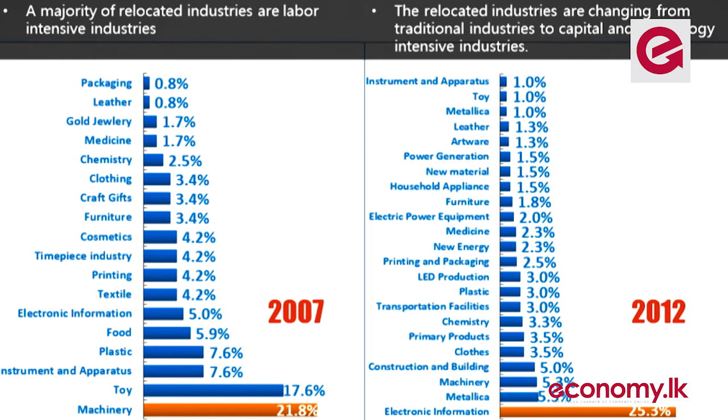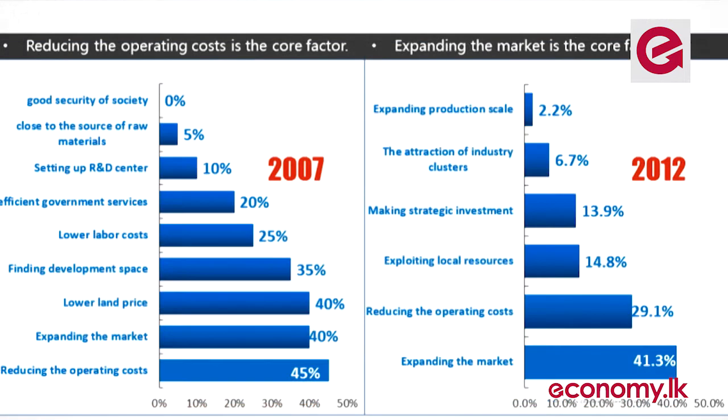In 2012, capital-intensive and technology-intensive industries also joined the industrial transfer. What factor caused the move? 10 years ago, 45 percent of companies shifted their investment location only to reduce cost. After 5 years, more and more companies aim at expanding the market.